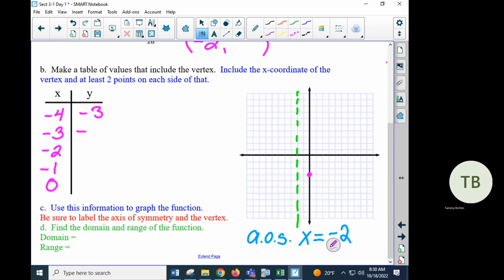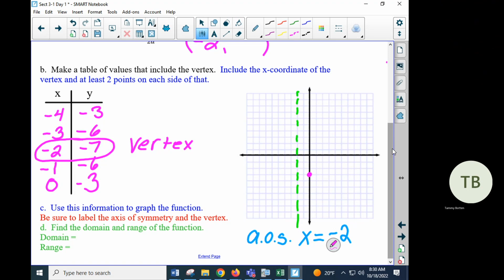At -3, I got a -6. At -2, I got -7. -1, I got -6. 0 is -3. This middle point here, that is your vertex. So if they ask you what your vertex is, it's always that middle point.